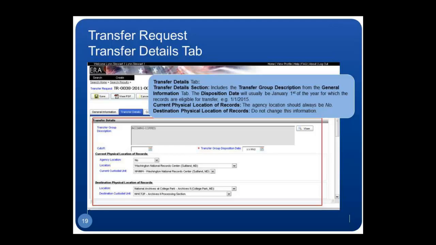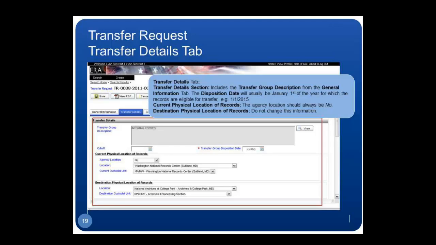Also displayed on this are the current physical location of records and the destination physical location of records. It's an awfully complicated way of simply saying, what Federal Records Center are they sitting in now, and what archival unit are they supposed to be going to?